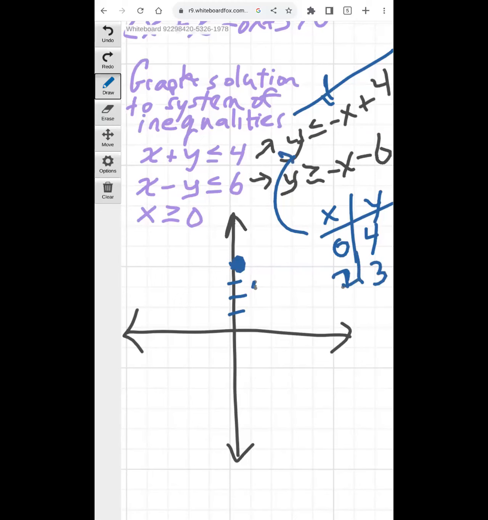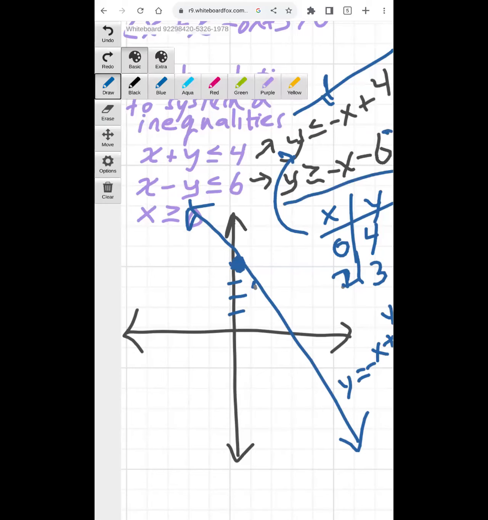Okay, so now I'm going to draw that as a line. I'm just going to mark it. This is the line y equals negative x plus 4. Now I'm going to graph this second inequality, or first I'm going to graph that as a line, y equals negative x minus 6. I'm using a different color, red.